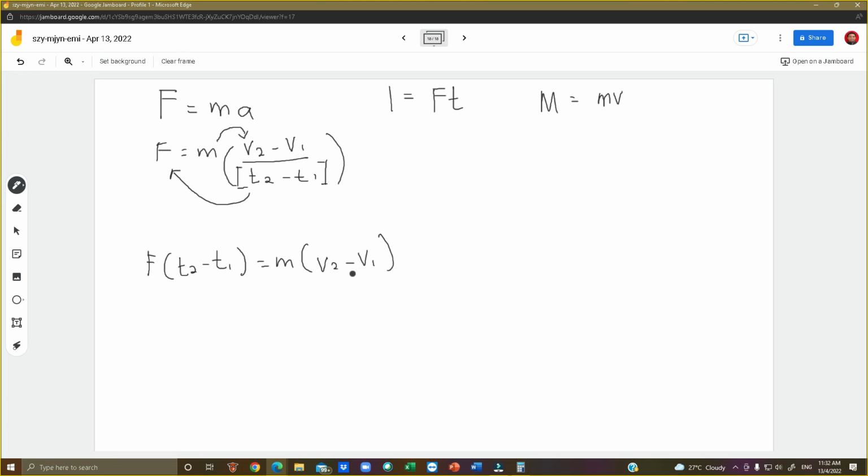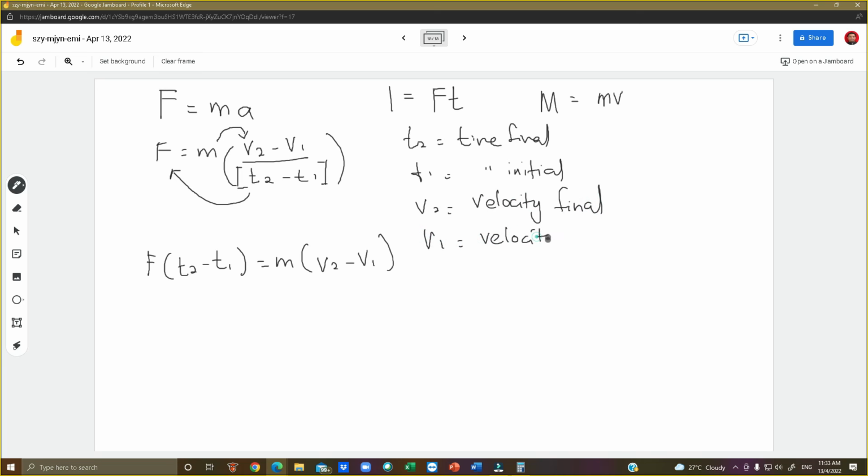Okay. And when you see an equation which involves the same thing with two time frames, so t2 here represents time final, t1 here represents time initial. Same goes as v2, velocity final, and v1, velocity initial.